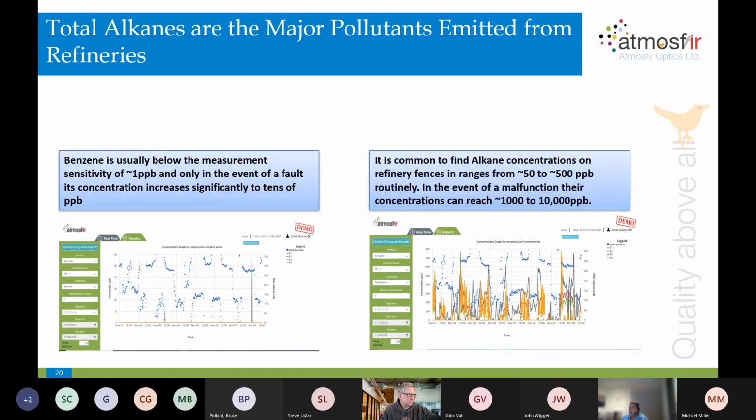If you look at the total alkane, no matter where you go in the refinery, you find concentration between 50 to 500. And when there is a malfunction in the equipment or human error, then the concentration goes up to ppm's level or 10s of ppm's level.